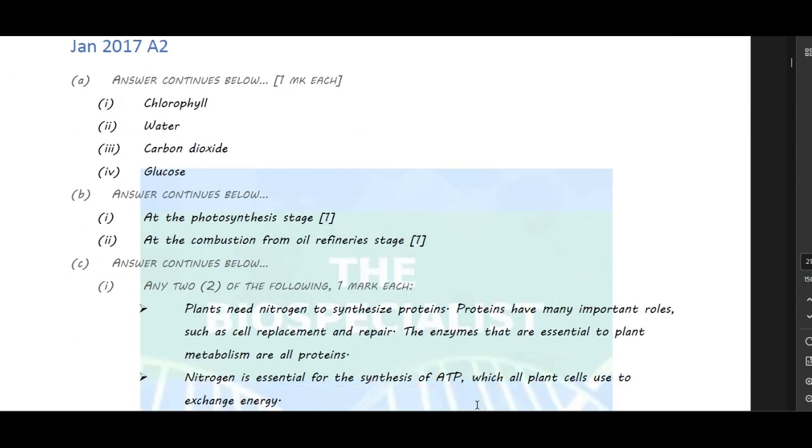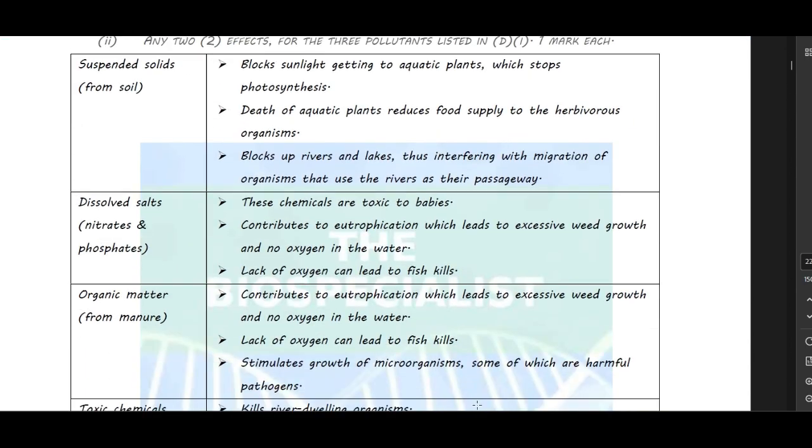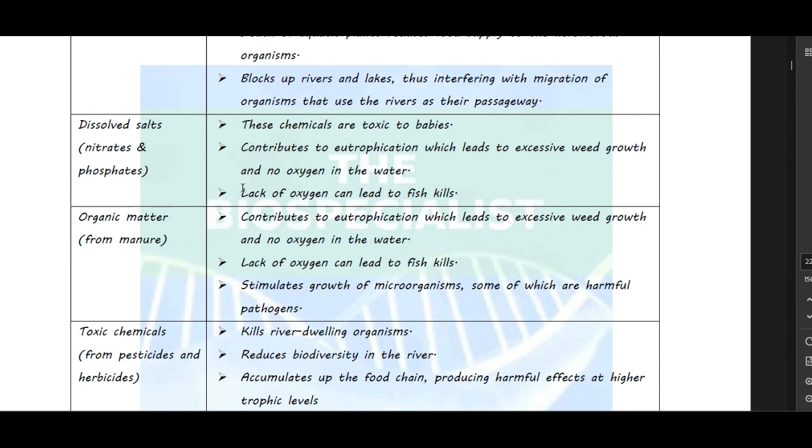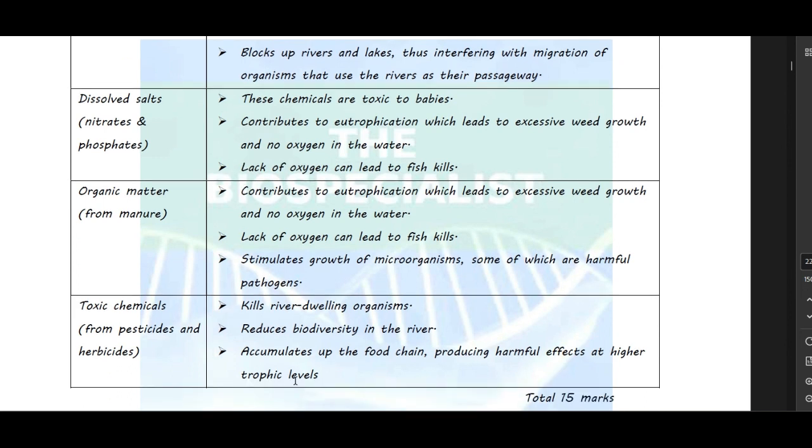All right. And it's a good study point as well. Yeah, so see, you have several options. And what I did is I outlined the pollutant and listed the effects for each pollutant. But you will notice that for some of them, you're going to have some repeats. Yeah, for example, fish kills can come from organic matter.